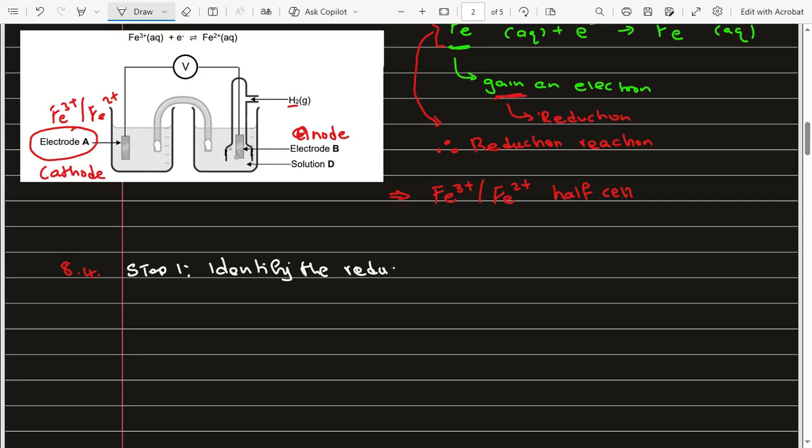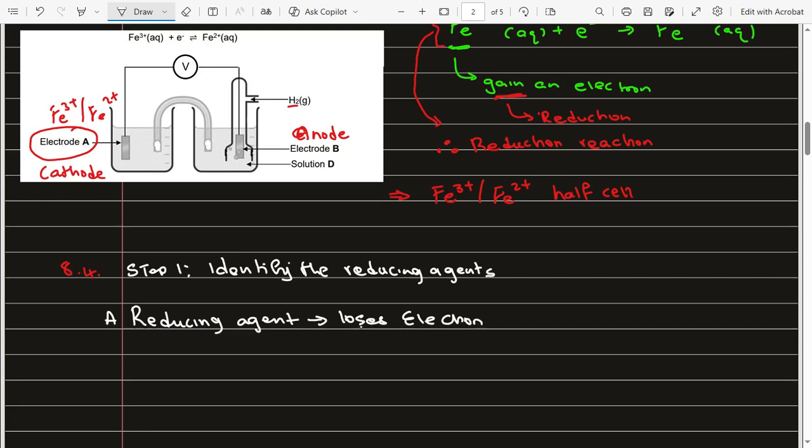You identify the reducing agent. When I say a reducing agent, this guy loses electrons.